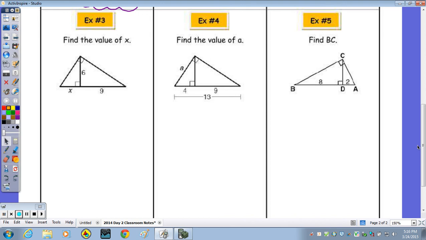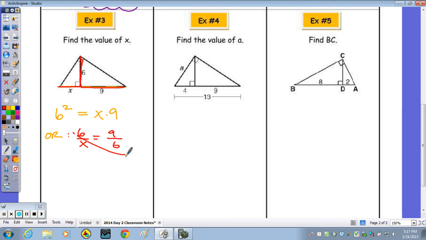So given the altitude and the hypotenuse, so these are the two segments that make up the hypotenuse, I again use the equation. So it's altitude squared equals segment 1 times segment 2. You can use the proportion, or you can do long to short, which would be 6 over x equals long to short, 9 over 6.